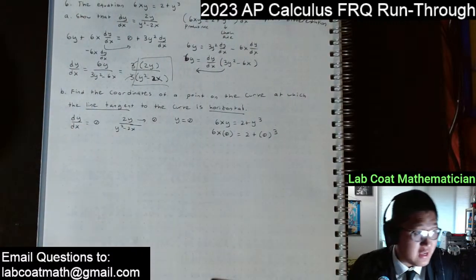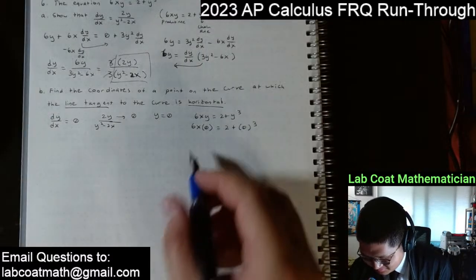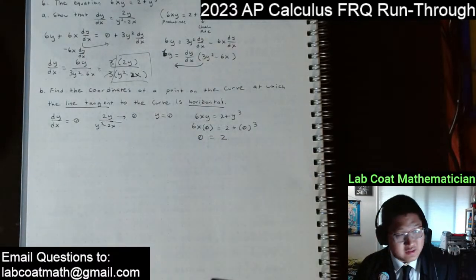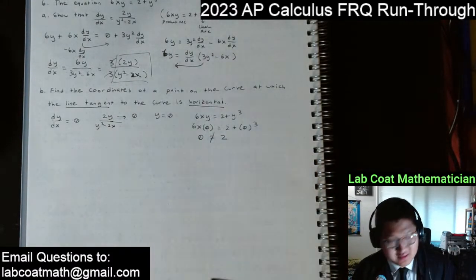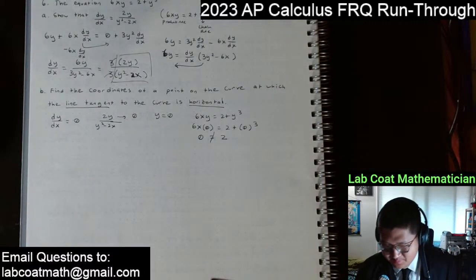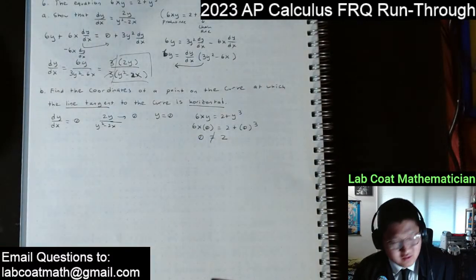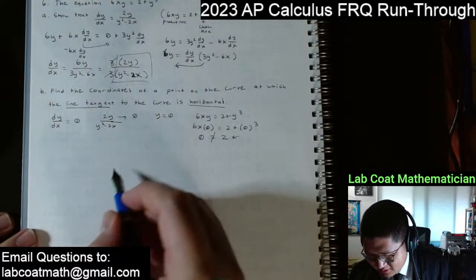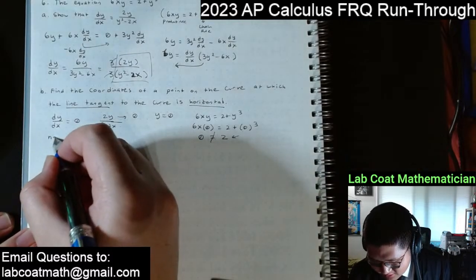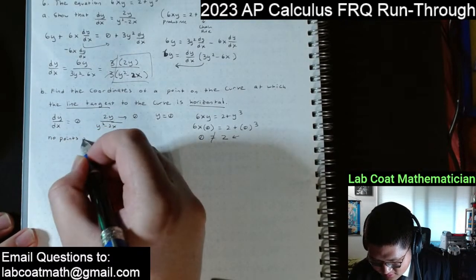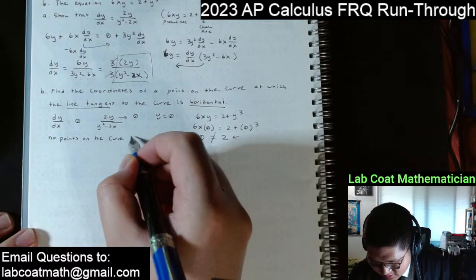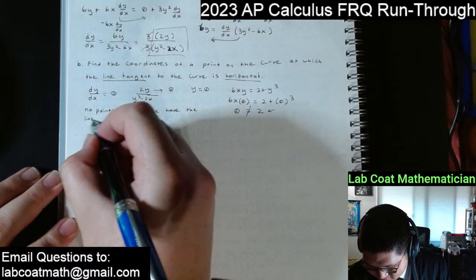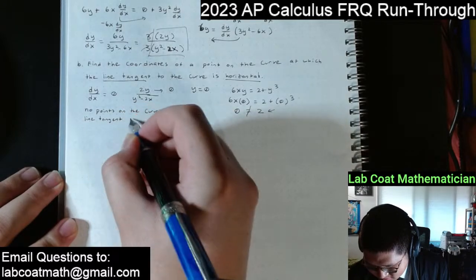And we run into a roadblock right here. Because the entirety of the left side is equal to 0, and we're left with 2 on the other side, obviously this leads to a false math statement that 0 is not equal to 2. So even though y equal to 0 would work for a horizontal tangent line, because we end up with an incorrect math statement on that side, we conclude that no points on the curve have the line tangent horizontal.